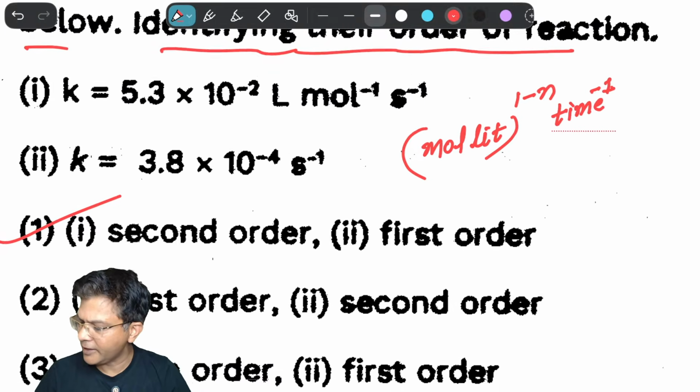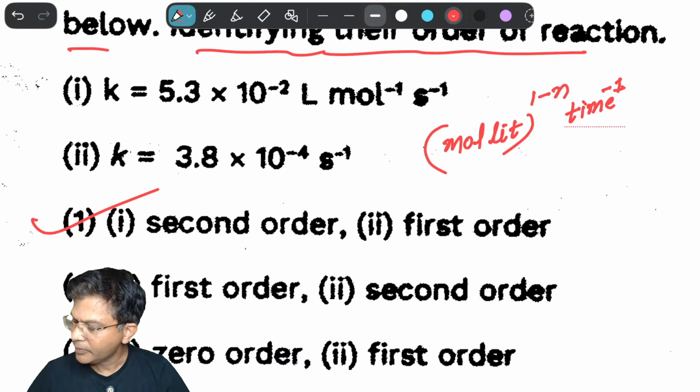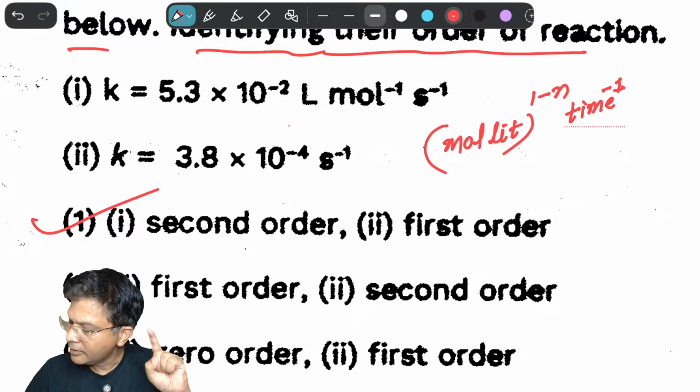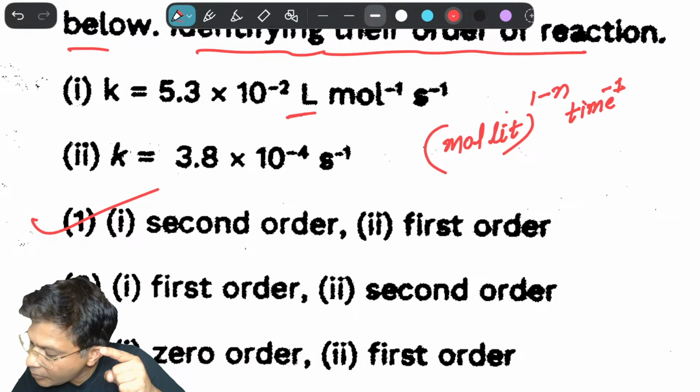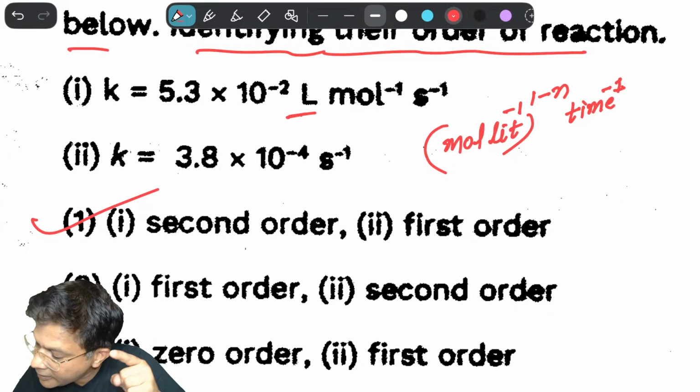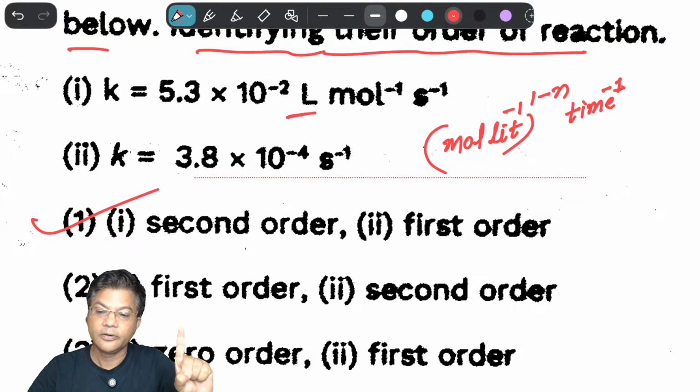So if you apply this, you see in the first one it's becoming liter. How can it become liter? It should be 2 minus 1 or 1 minus 1 or 1 minus 2. If I do 1 minus 2, moles per liter, see, moles per liter to the power minus 1 is there, right? Yes, this minus 1 was missing.